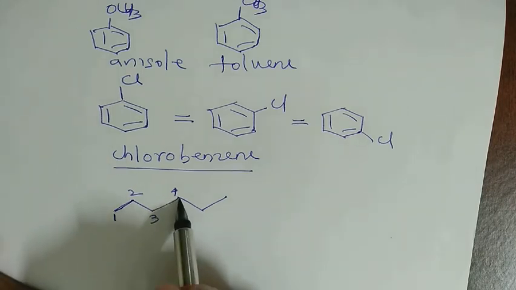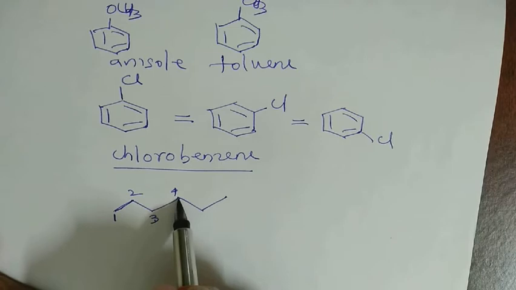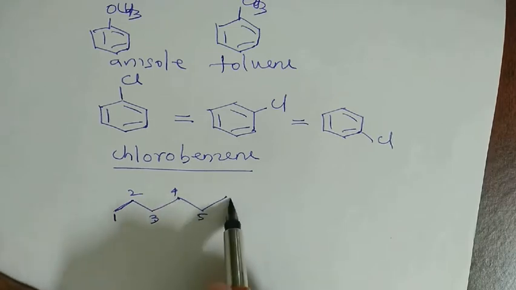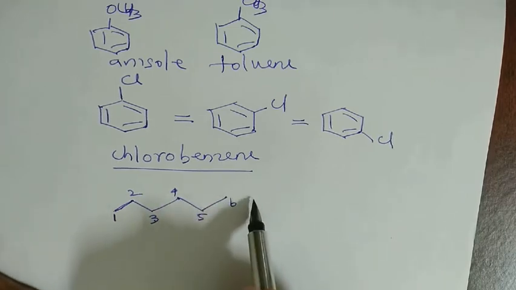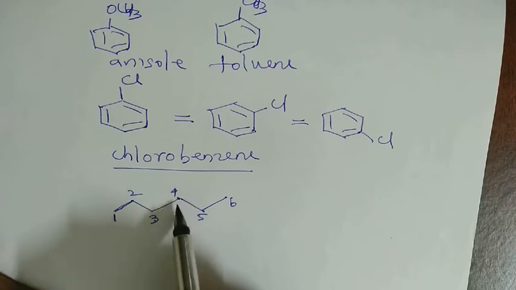If chlorine is attached at the fourth position, the compound is named as 3-chlorohexane, because if chlorine is attached on this fourth carbon, numbering should start from the right hand side. So 1, 2, 3. We have a lower number for the carbon having the chlorine atom.